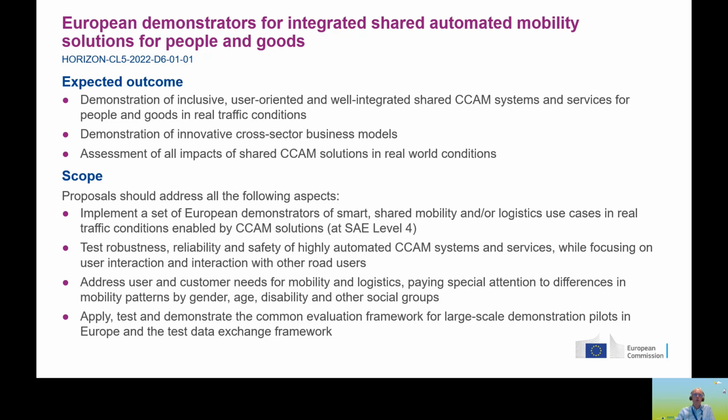This means that the CCAM solutions should be, on the one hand, ambitious in terms of speed and complexity of the environment they operate in, and on the other hand, realistic in terms of scalable business models.